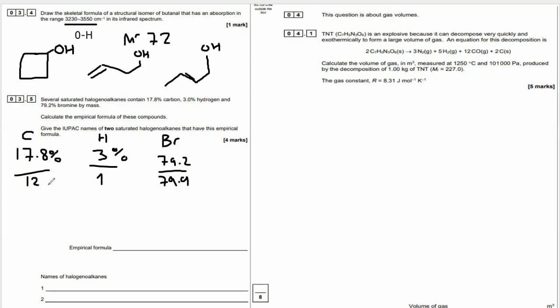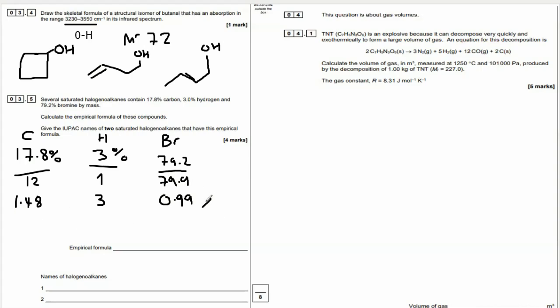Now we work those out and we're going to get 1.48, rounded in your calculator. Then we're going to get 3, and then 0.99. Okay, close enough to 1. Now we want to get these into whole number ratios. We don't want this 1.5 business.